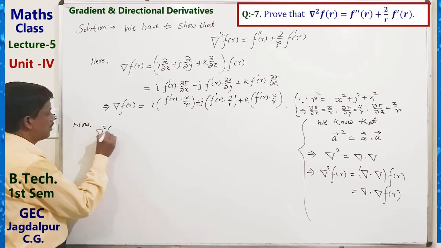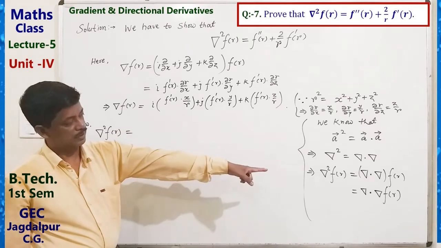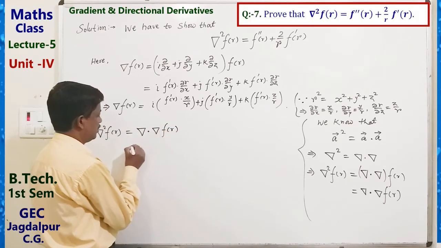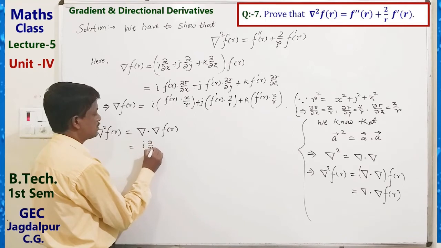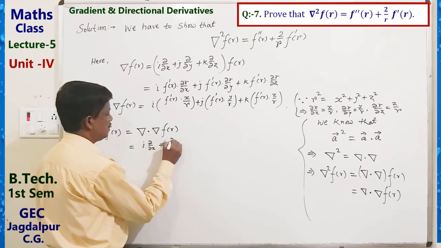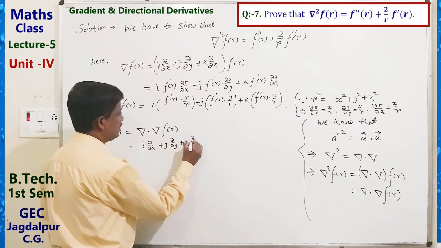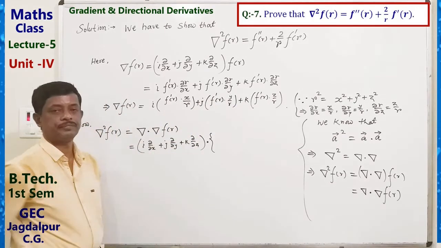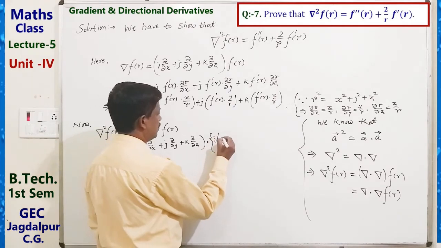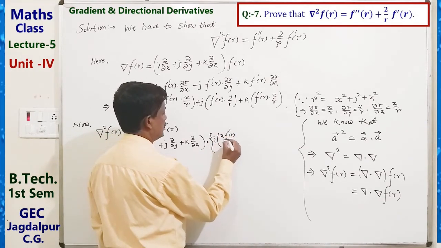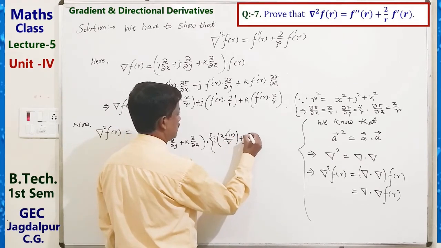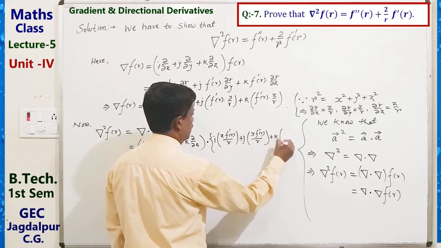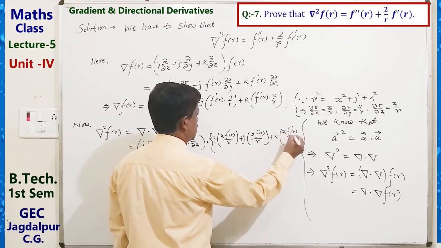Okay, this. Now del square f of r means this: del dot del f of r, that is i del by del x plus j del by del y plus k del by del z, dot this, where the coefficient of i is x f dash r upon r, plus j y f dash r upon r, plus k z f dash r upon r.